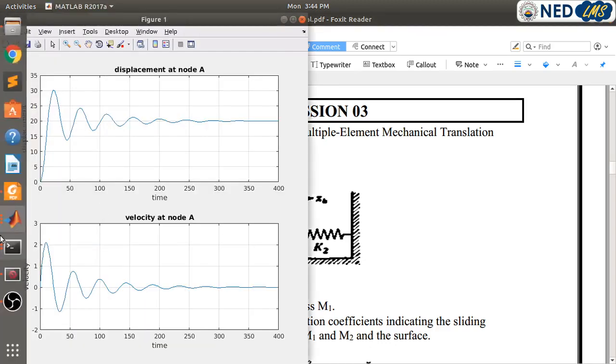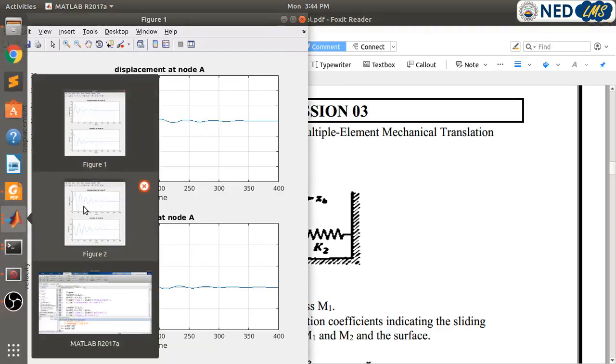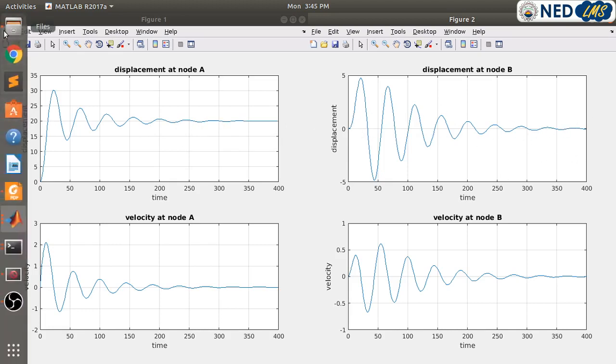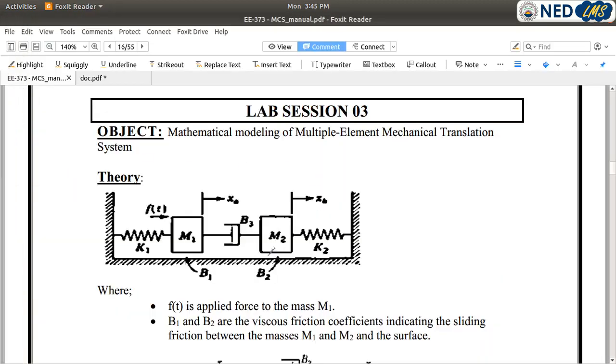Also you can observe that the displacement of node A, which is displacement of mass m1, is 20 after some time, but the displacement of mass m2 is 0, as this system will come to the same position, as we are applying force at this mass, but we are not applying the force at mass m2.